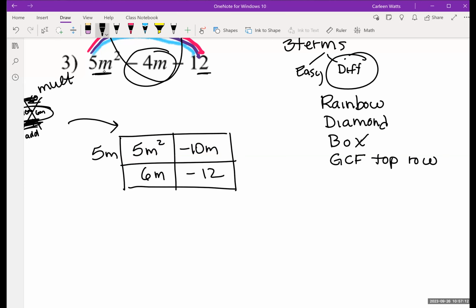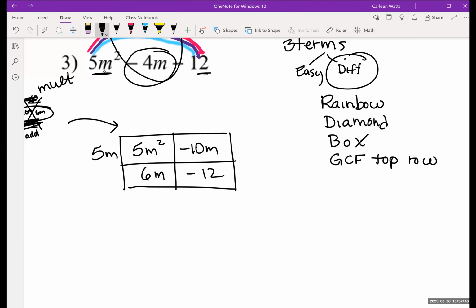Next step, right there. 5m times what, right? Notice this is the answer. 5m times what gives me 5m squared? Anyone have a guess? 5m.